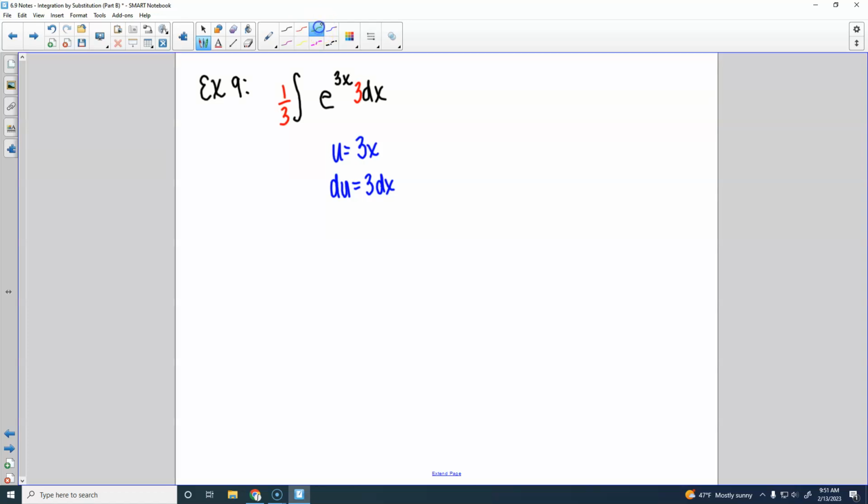So our 3x, that's our u, and the 3 dx, that's our du. So this will look like this: 1/3 integral e to the u du. What do we get when we integrate e to the u?